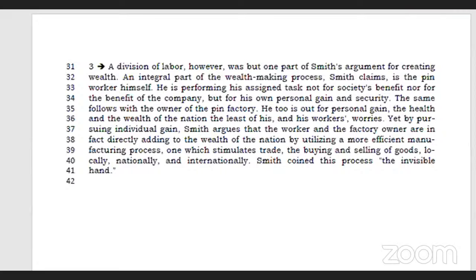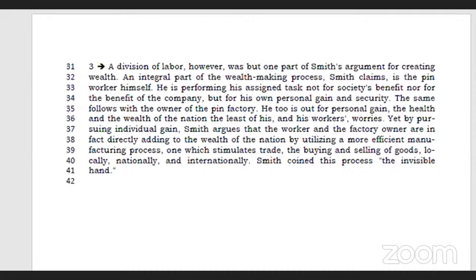A division of labor, however, was but one part of Smith's argument for creating wealth. An integral part of the wealth-making process, Smith claims, is the pin worker himself. He is performing his assigned task not for society's benefit, not for the benefit of the company, but for his own personal gain and security. The same follows with the owner of the pin factory.